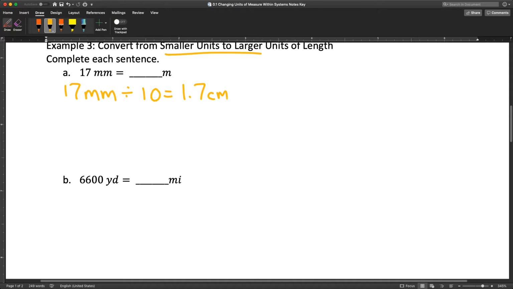So we are going to take 1.7 centimeters, and we are going to divide that by 100, giving us an answer of 0.017 meters. And that is our answer. We converted from smaller to larger by dividing.